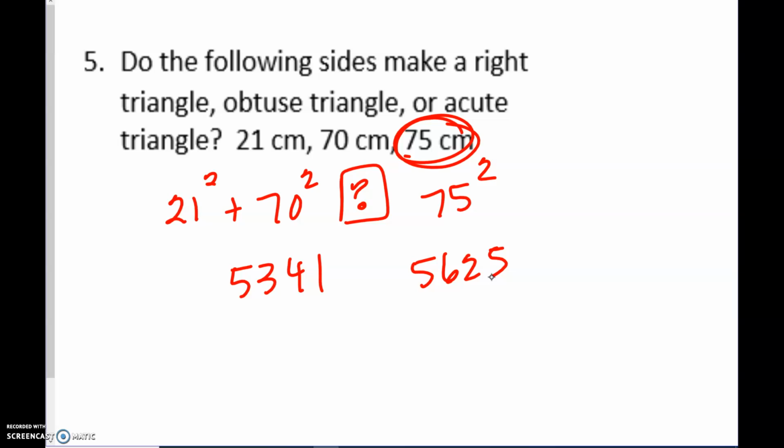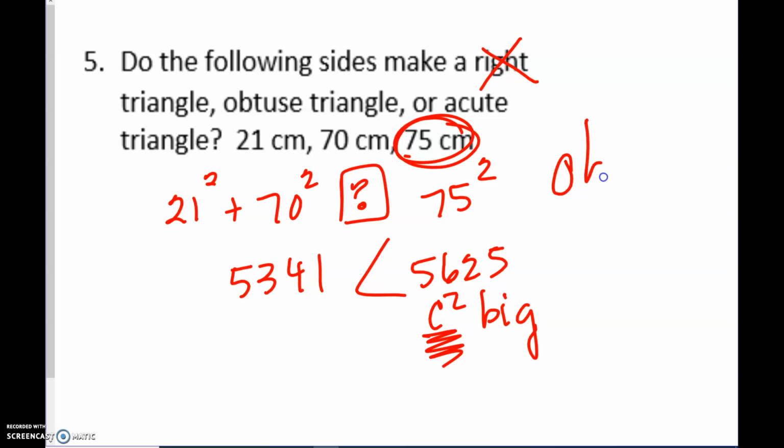They're definitely not equal, so that is not right. C squared is bigger. Remember, you always want to go from the hypotenuse. C squared is bigger, so this is an obtuse triangle.